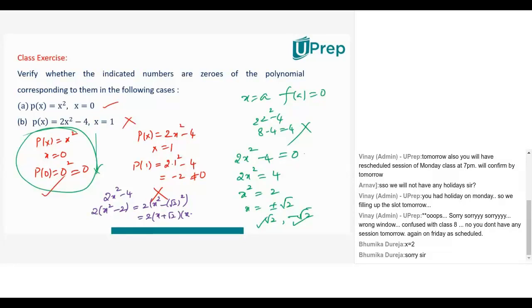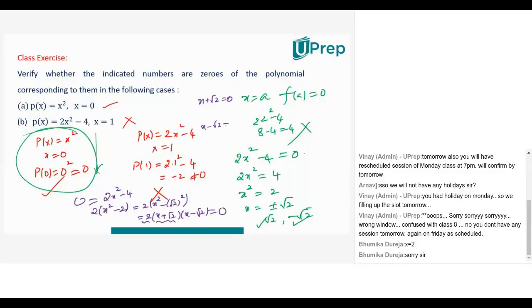If this polynomial has to be 0, then this factorization should give me 0. The product of two factors should be 0. When is it possible? If one of them is 0. The first factor 2 can never be 0. So the only other two possibilities are x plus root 2 equal to 0 or x minus root 2 equal to 0.